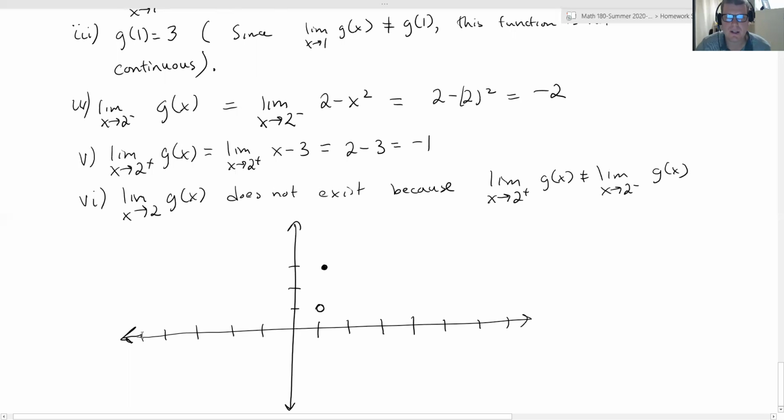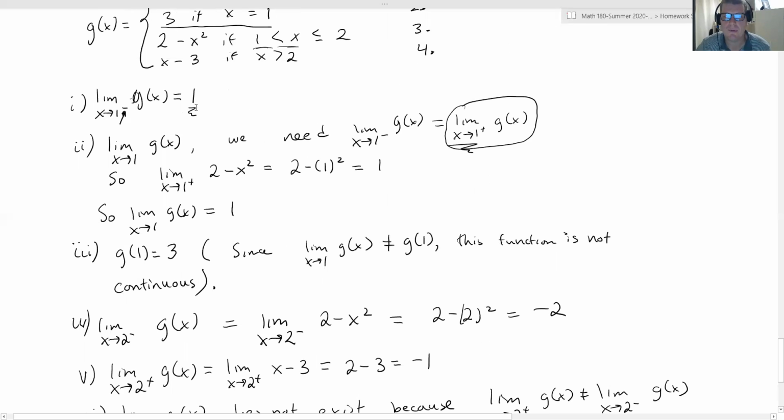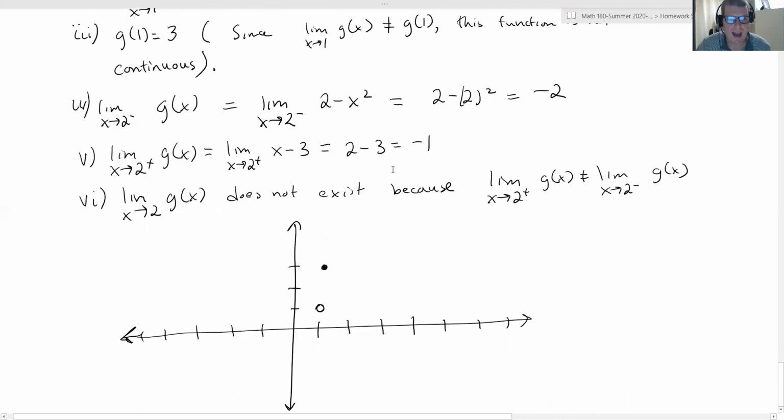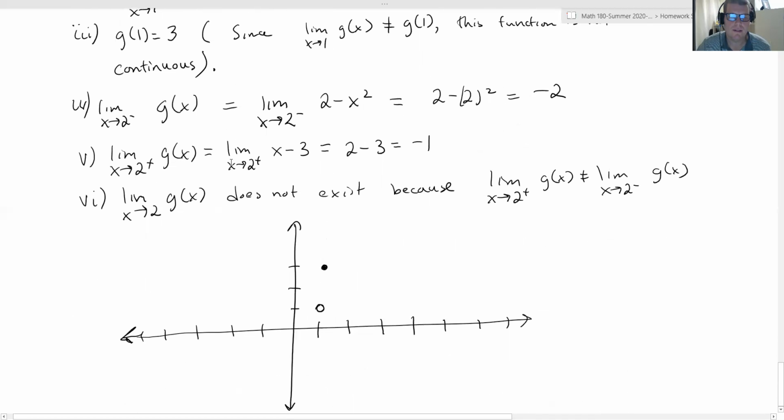Remember, those were like our first 2 questions. The limit as x approaches 1 negative was 1. The limit as x approaches 1 positive was also 1. So they're both going to be at 1, and I know that I've got a hole right there. And then I also know that the limit as x approaches 2 from the positive end is going to be negative 1. So this is going to be down here at negative 1, but it's not going to be included there.